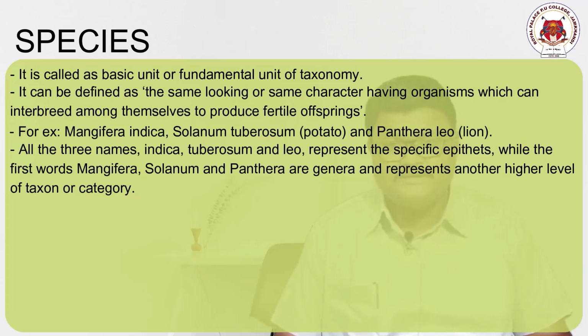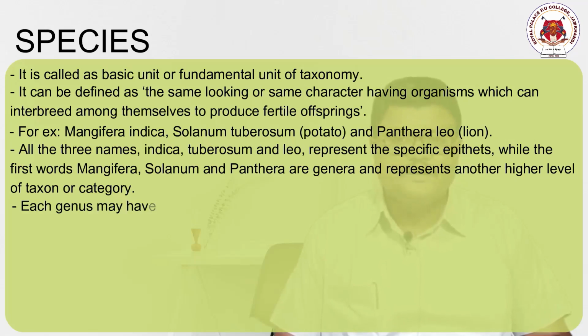It is a common understanding that similar looking organisms with small differences might also be considered a species. But since there are differences in their characteristics, we should mention them as different species.